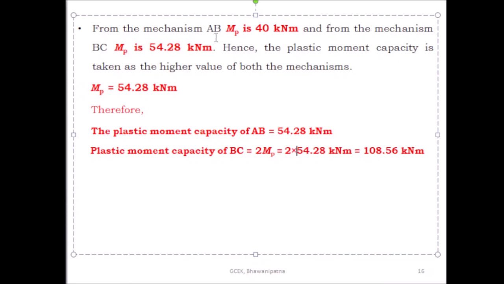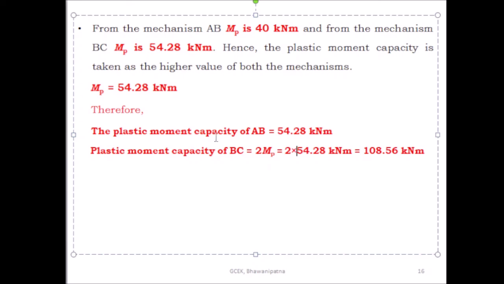From the mechanism AB, MP is equal to 40 kilonewton meter and from the mechanism BC, MP is equal to 54.28 kilonewton meter. Hence, the plastic moment capacity is taken as the higher value of both the mechanisms. So you have to take MP equal to 54.28 kilonewton meter. Then you can find out the plastic moment capacity of AB and of BC.